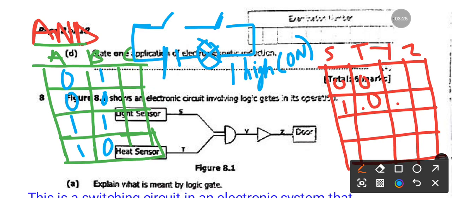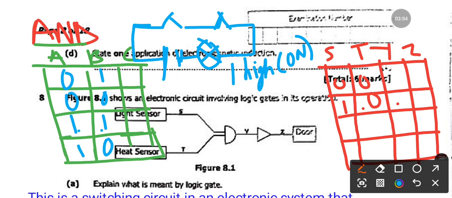But for a series connection, the light bulb can only be on if both of these switches are closed. If both switches are closed, that is when the output can be 1. And the closing of the switches would mean that the input is 1. So where we have both inputs being 1, that is where the resulting output would be 1.